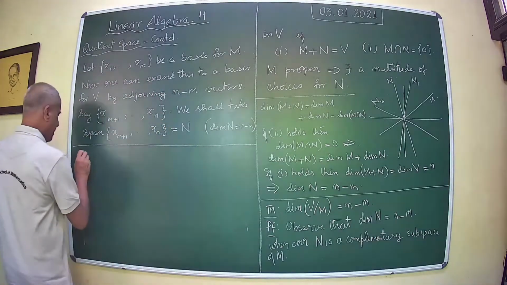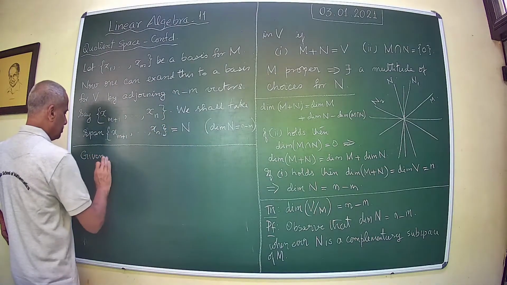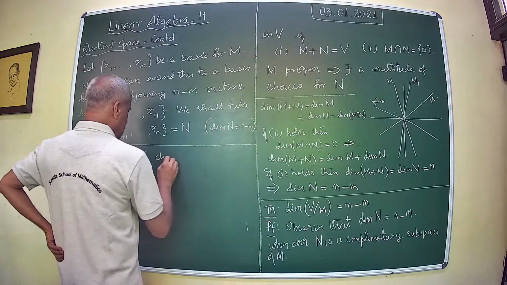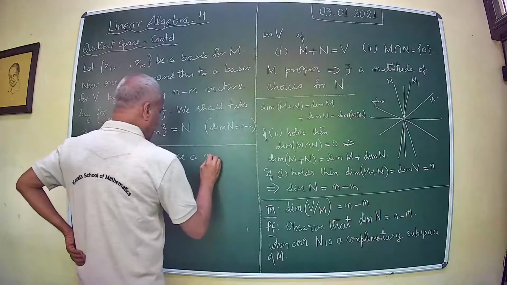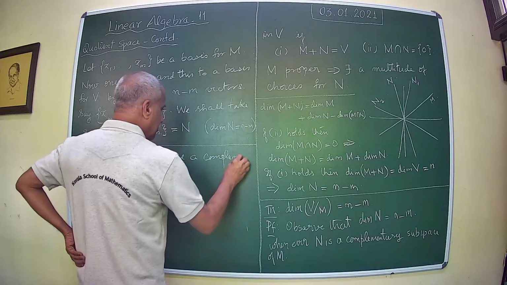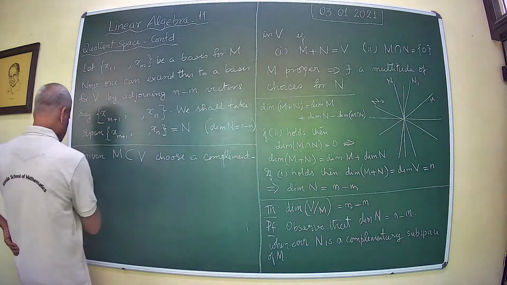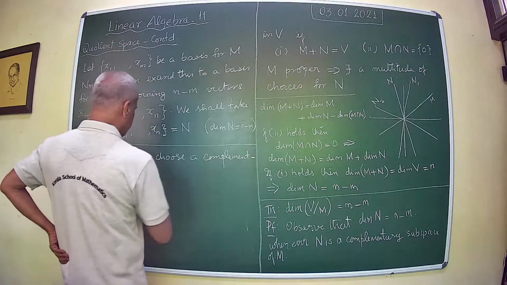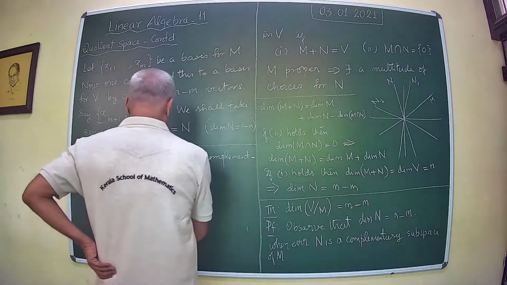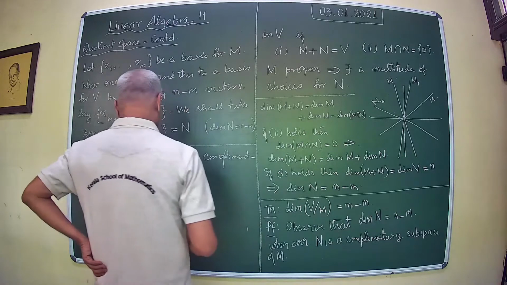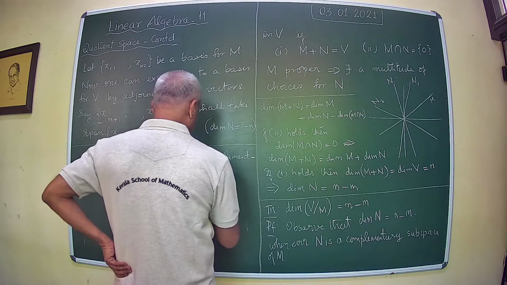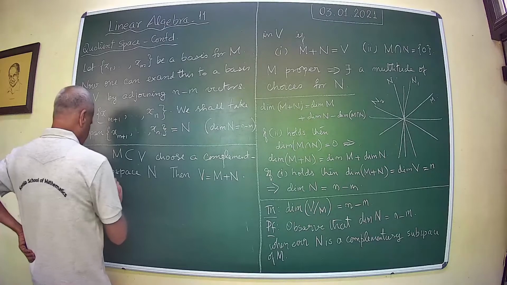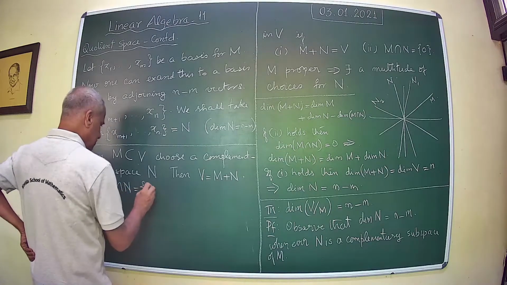So given M, then V, choose a complementary subspace N. Then V equal to M plus N, and M intersection N equal to 0.